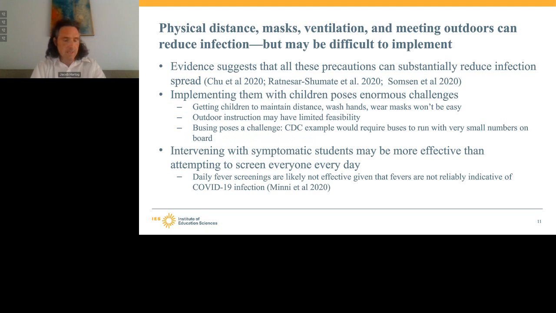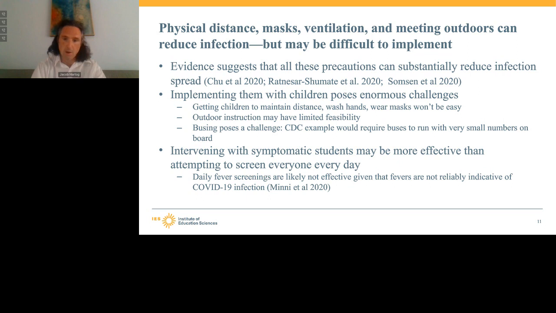Examining the research evidence on transmission dynamics in general suggests that some mitigation strategies are effective in reducing transmission. These include ones we're all familiar with, such as physical distancing, masks, improving ventilation indoors, as well as meeting outdoors, all of which reduce the chance that respiratory droplets and aerosols from infected persons will travel to uninfected persons.